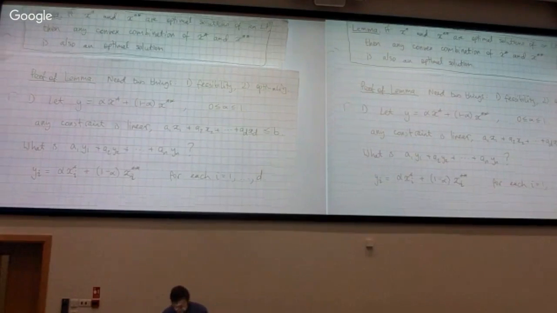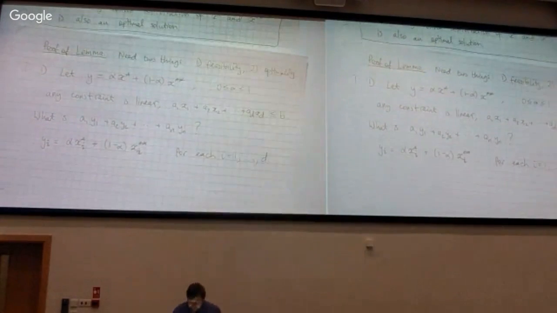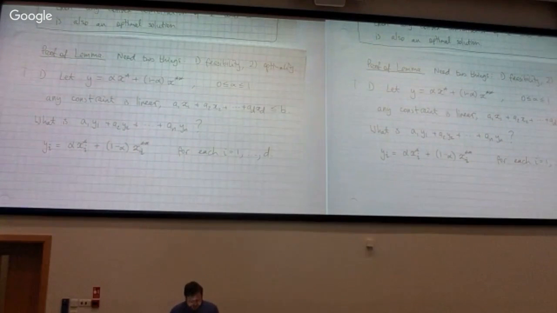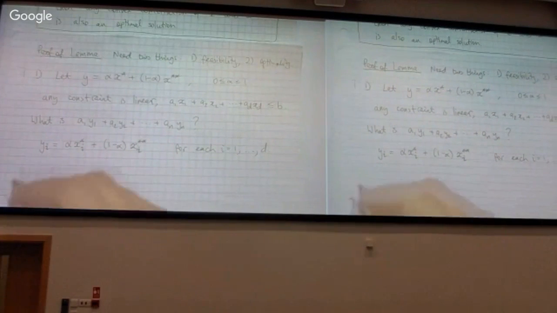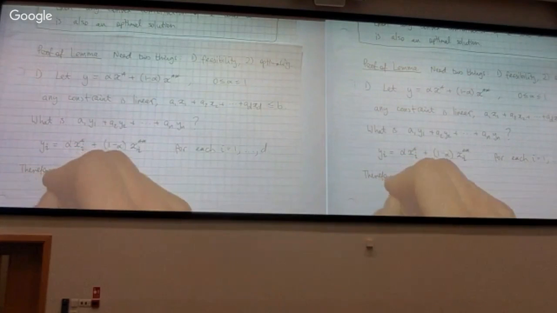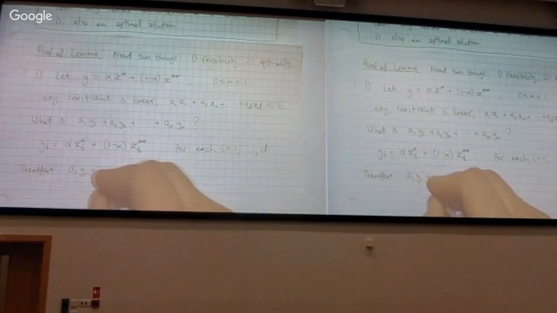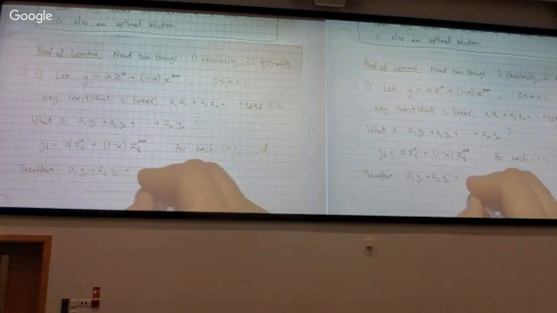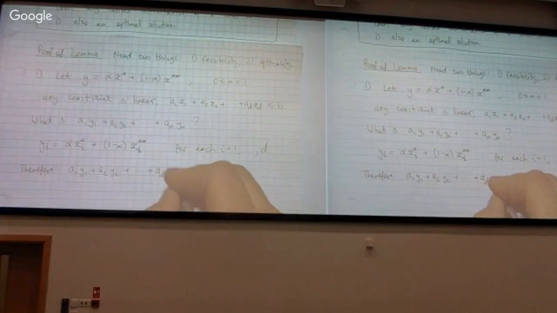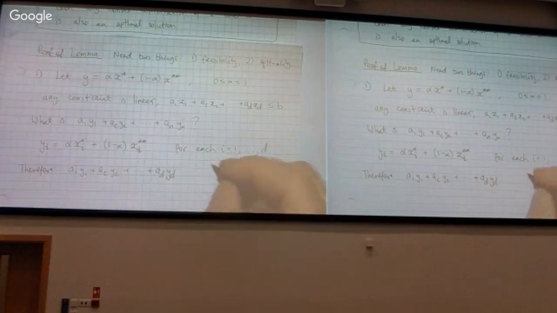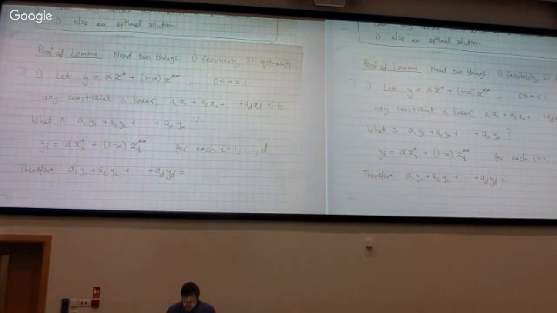And therefore, what happens when you do a1 y1 plus a2 y2 plus ad yd is that you get, maybe I should use the sum notation.